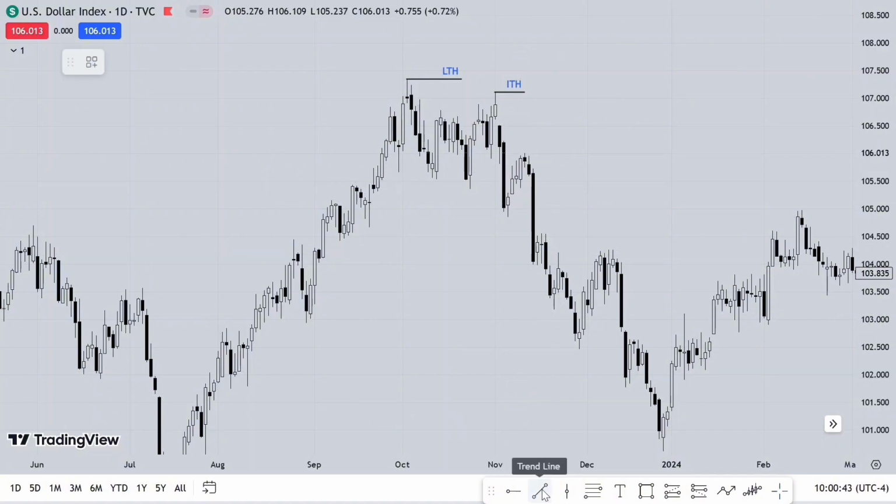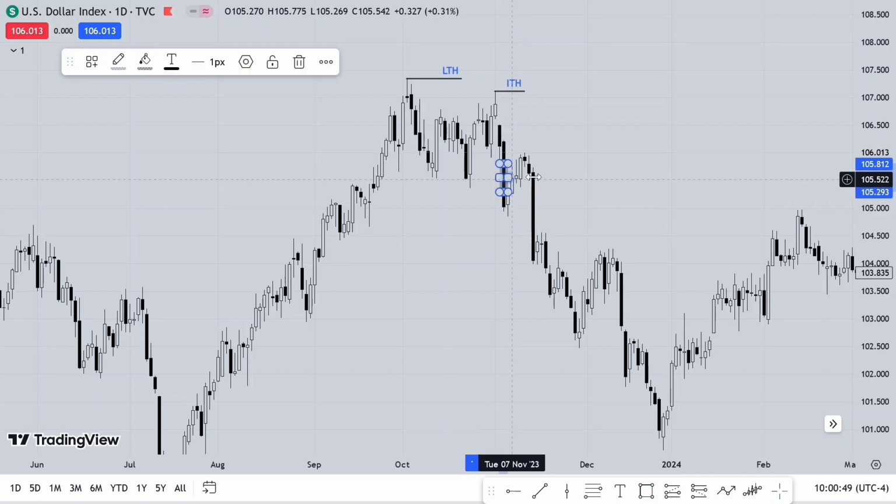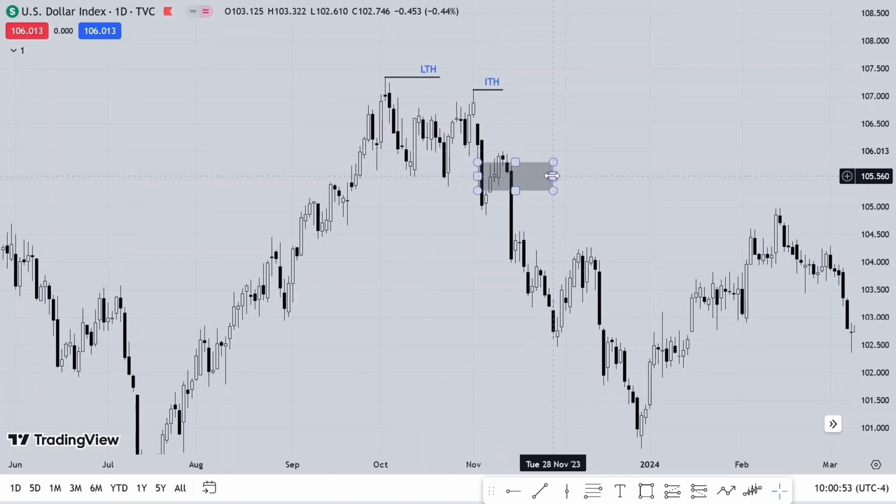We got that with this fair value gap here, which is the low of this candle and the high of this candle. You see, price leaves an imbalance here and also an imbalance here.